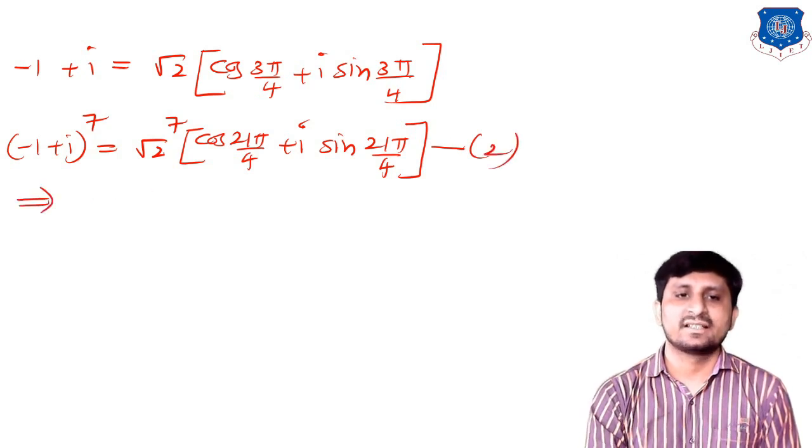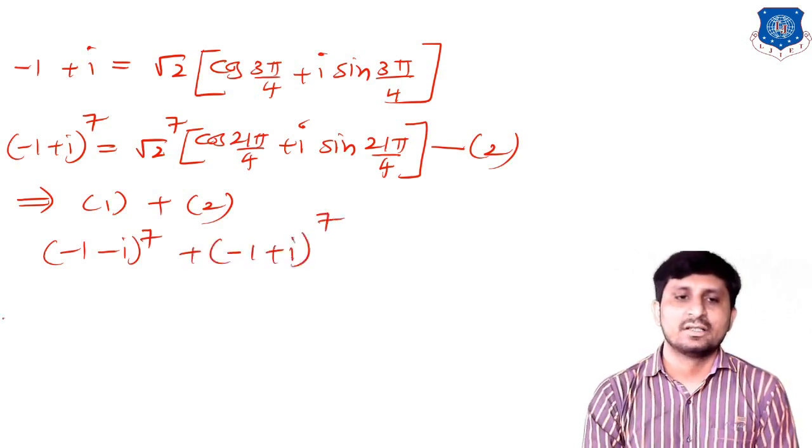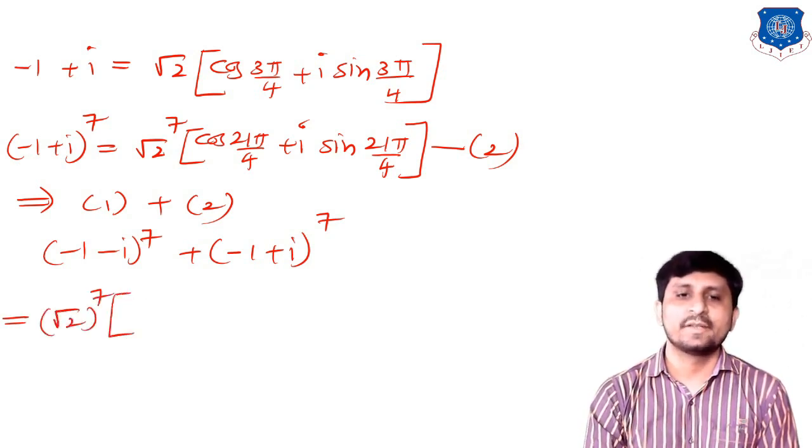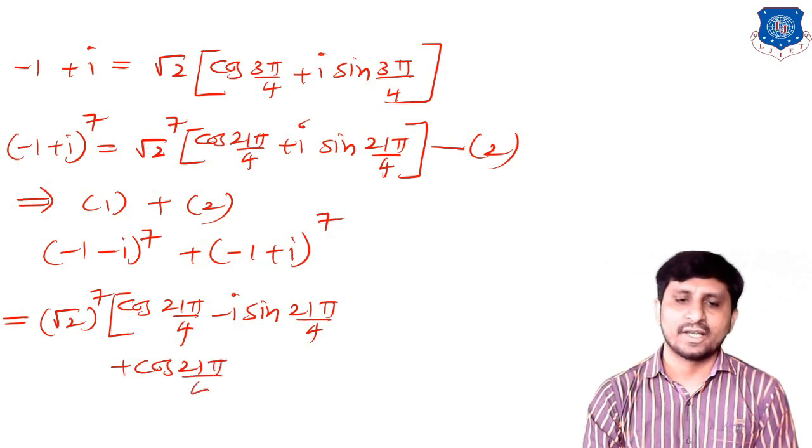Now just add equation 1 and equation 2. So minus 1 minus i raised to 7 plus minus 1 plus i raised to 7. Root 2 raised to 7 will be a common term in both cases. So first of all, we get cos 21 pi by 4 minus i sin 21 pi by 4, and then plus cos 21 pi by 4 plus i sin 21 pi by 4.